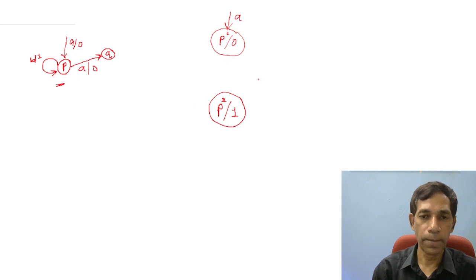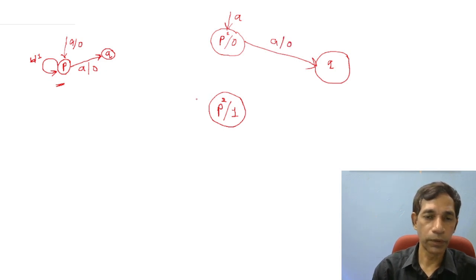And we have the state Q here, and one outgoing edge goes from P to Q. So we can have P to Q, and the label is A/0.